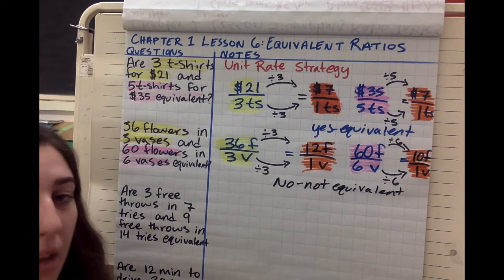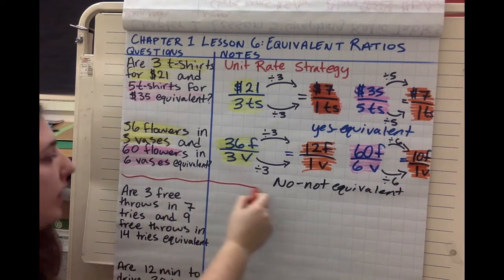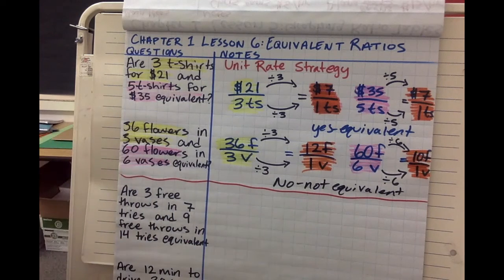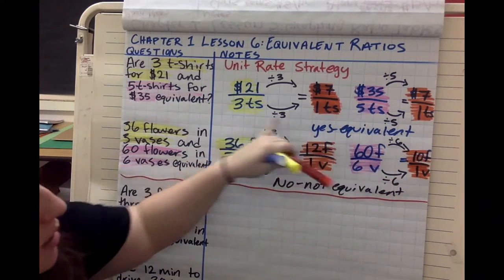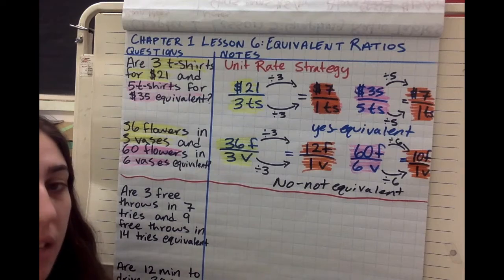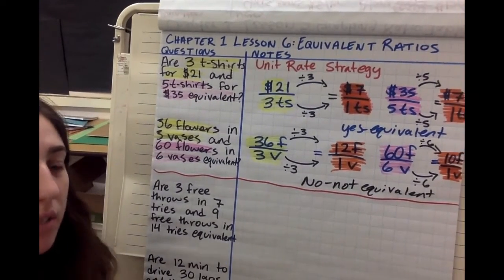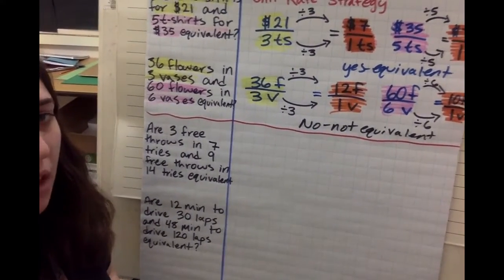Now we're going to learn how to use the next strategy. So I'm going to make a little squiggly line here, separating my work. This was one strategy where we had to get our rates into unit rates and compare the unit rates. Now we're going to use a strategy called the arrow strategy. Well, that's what I'm going to call it, at least.